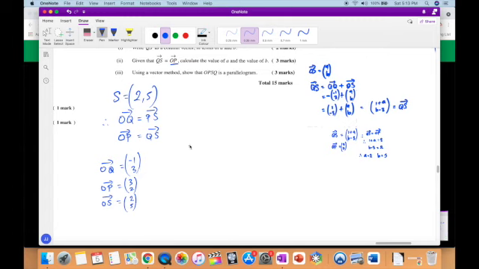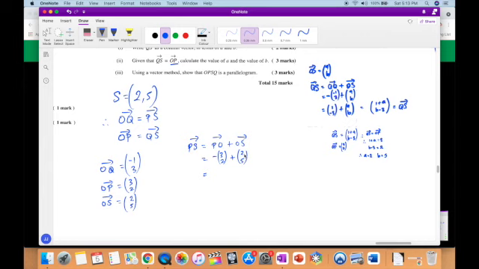So therefore PS is equal to, what is PS? PS is PO plus OS. So PS is PO, which is negative 3, 2, because OP is 3, 2, plus OS, which is 2, 5.